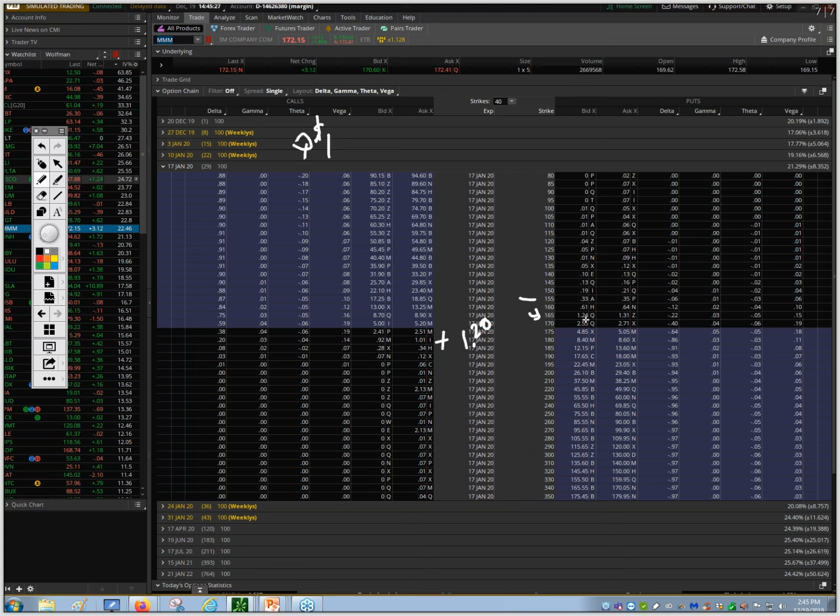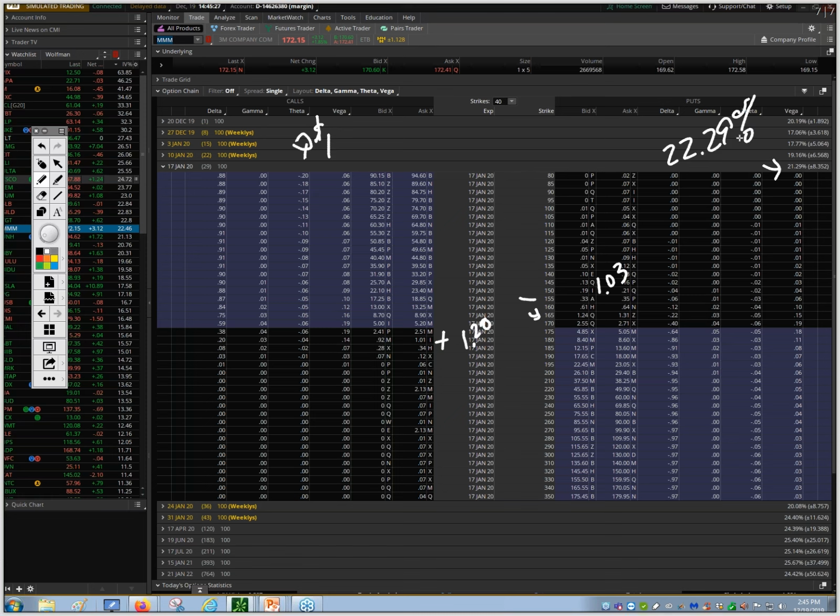So if the market goes up by $1, you can see delta is negative. That means these decrease by 22 cents. So these are going to go down from $1.25, right middle of the road, to $1.03, right? Well, if volatility over here goes from 21.29 to 22.29, all right?